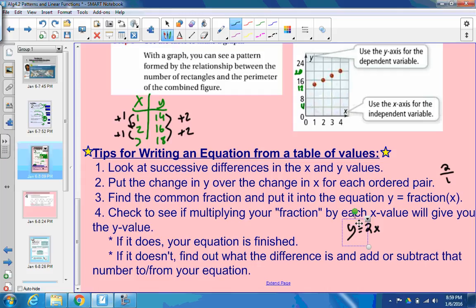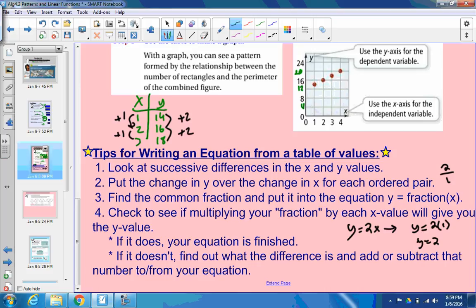Then we can plug in an x value. It says to check to see if multiplying by the fraction by each x value will give you the correct y value. Let's try that. Let's do y equals 2 times 1, we're plugging in the x value. So y equals 2 when x is 1, but that was 12 off of what it's supposed to be. It's supposed to be 14.